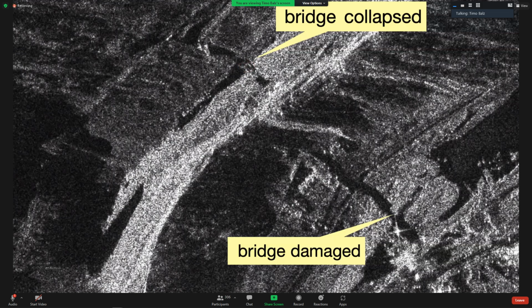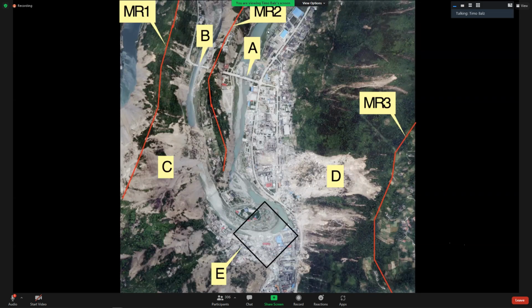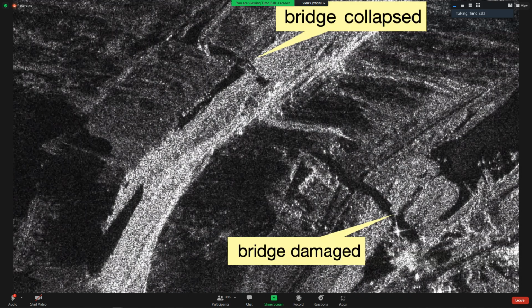We can actually identify them. Otherwise we would see that it's a collapsed part of the bridge basically because the shadow is not straight anymore. That just looks wrong. People who do that professionally train a rather long time on that. SAR image interpretation, as opposed to optical image interpretation, is something that is trained and takes a considerable amount of time.